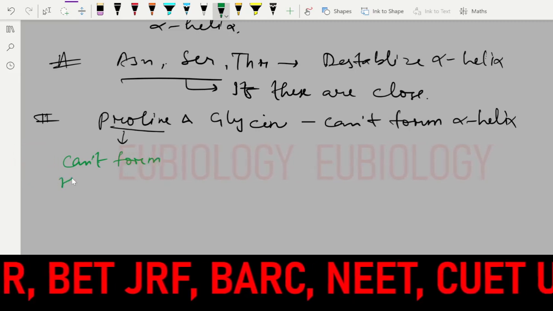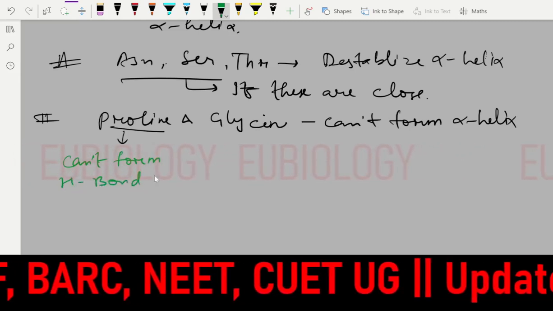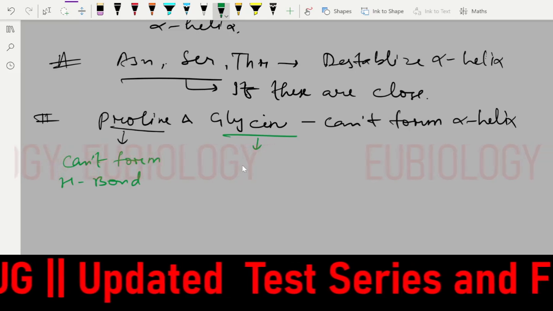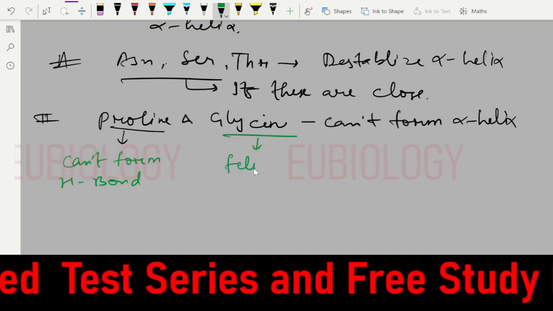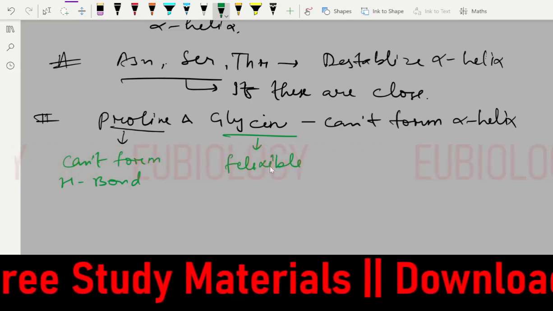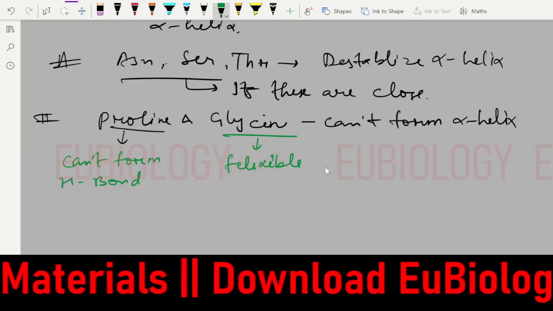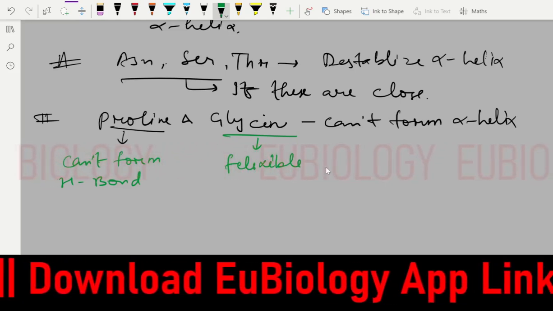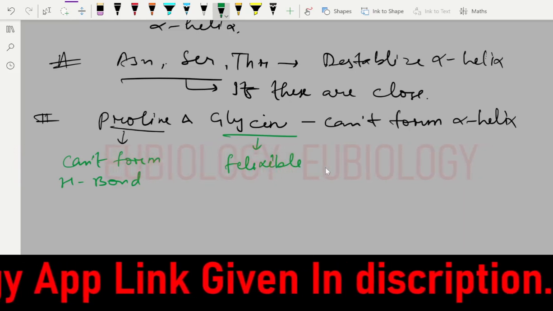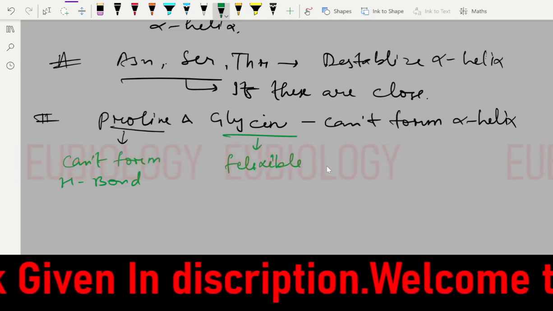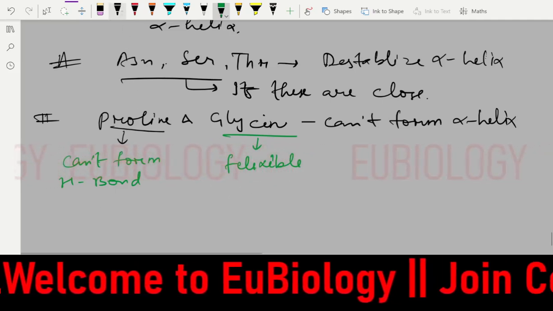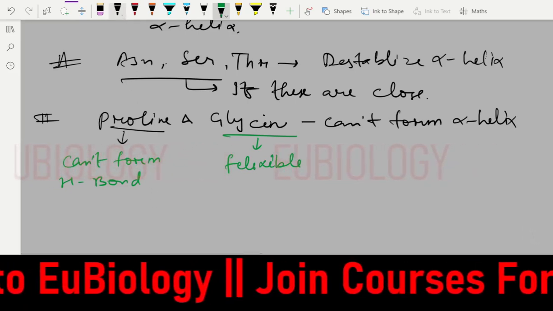And why can glycine not be part of the alpha helix? The reason is that it is very flexible, and that's why it cannot form an alpha helix. Another thing is that the alpha helix can be affected by the electric dipole.